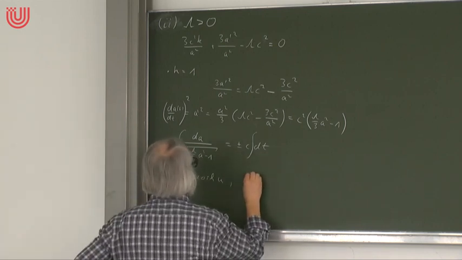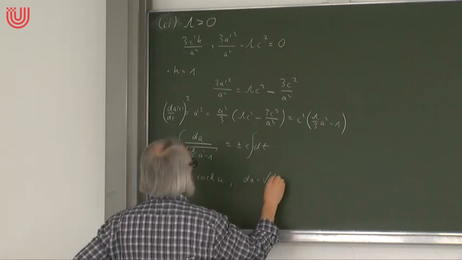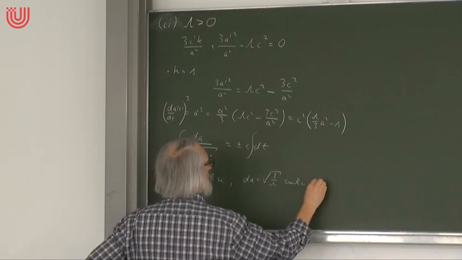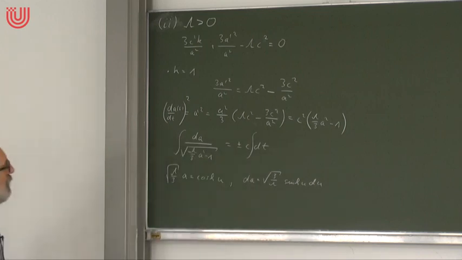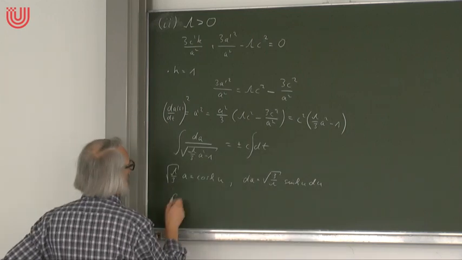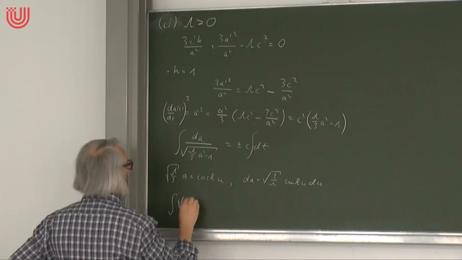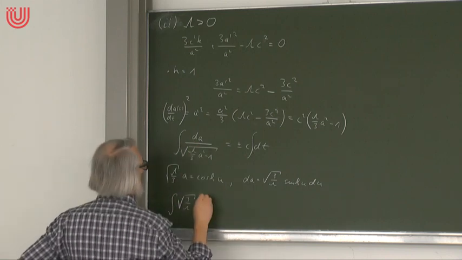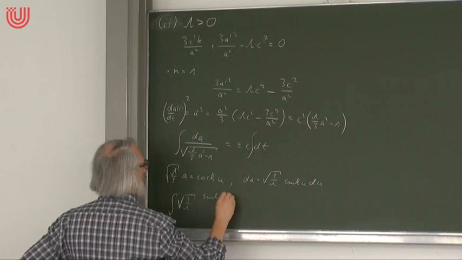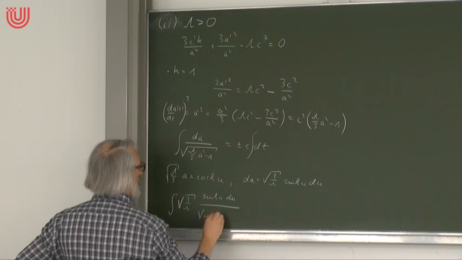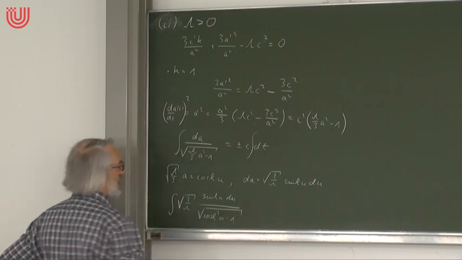Then I get dA is root 3 over lambda sinh u du. I can insert this into the integrated version of the differential equation: root 3 over lambda, sinh u du, and here the square root of cosh squared minus 1.